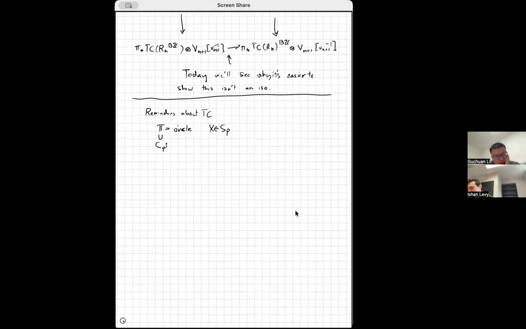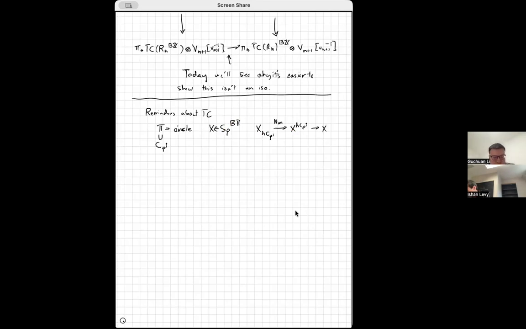You can look at a spectrum with a circle action, and I'm going to denote the category of circle equivariant spectra like this. Given a spectrum with a circle action, or really just a C_{p^i} action, you can form the orbits and you can form the fixed points. And there's a map between them, which is the norm map.